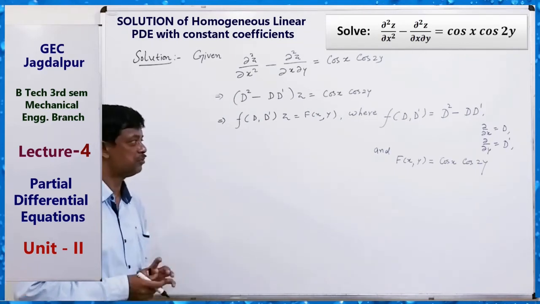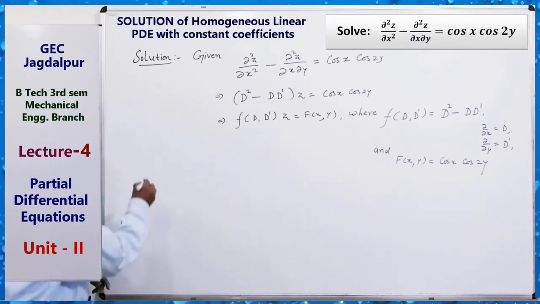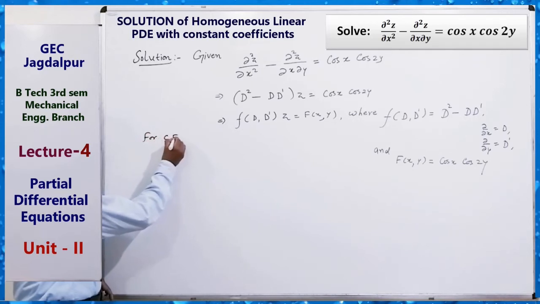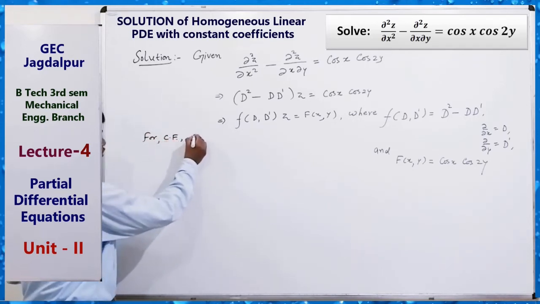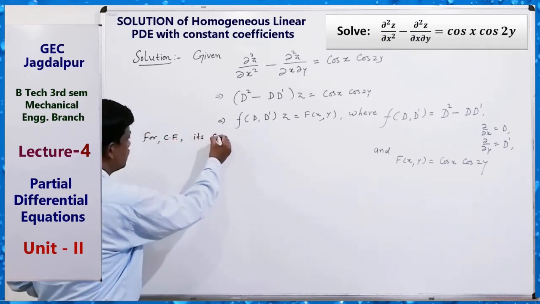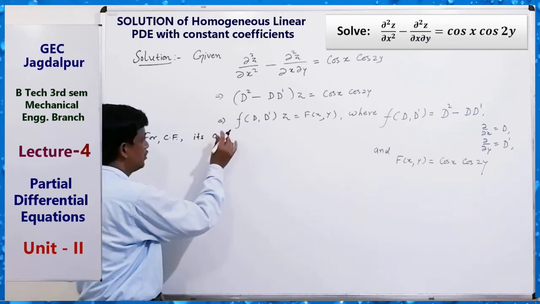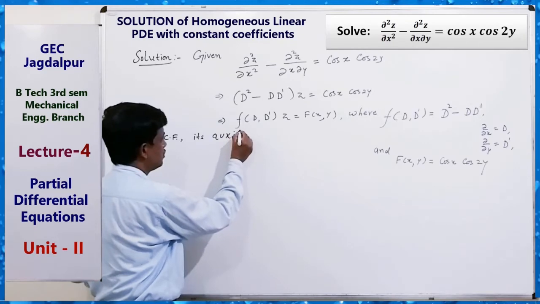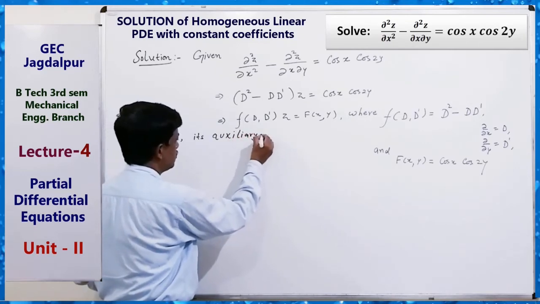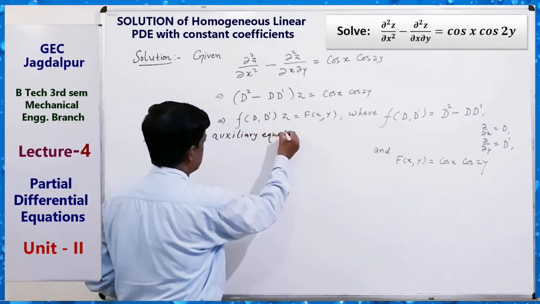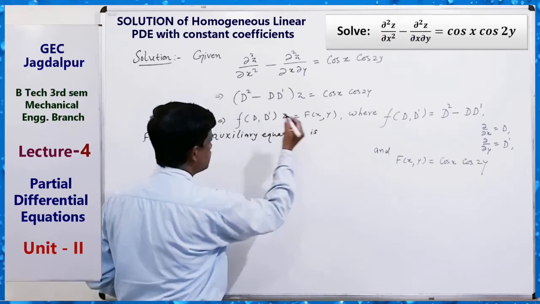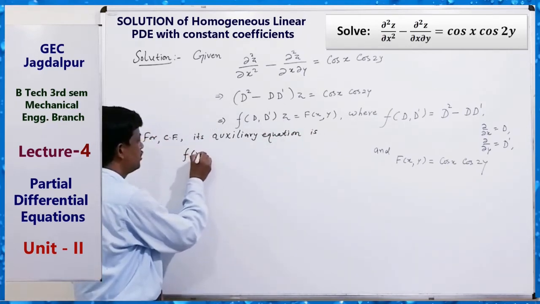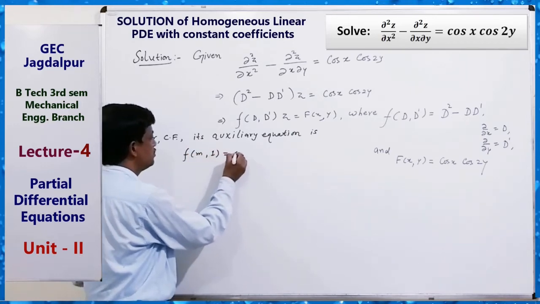So first of all we have to find CF. For CF, its auxiliary equation is f of m, 1 equals 0.